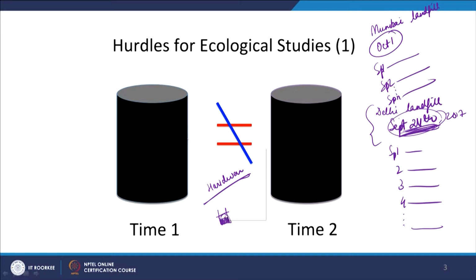Now you go again next day, and not only the basic information, you also do microbial community analysis. So you know species 1, species 2, species 3, so on and so forth, right. Now if you go next day again to Haridwar wastewater treatment plant and collect another sample, then it is very likely that the microbial community will not resemble this.